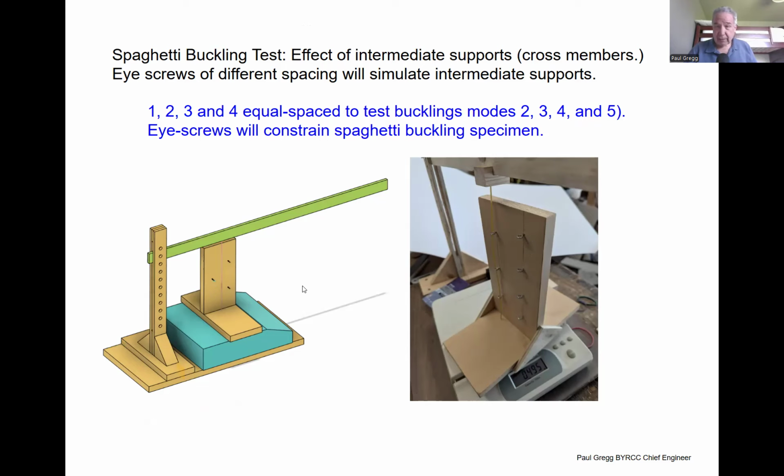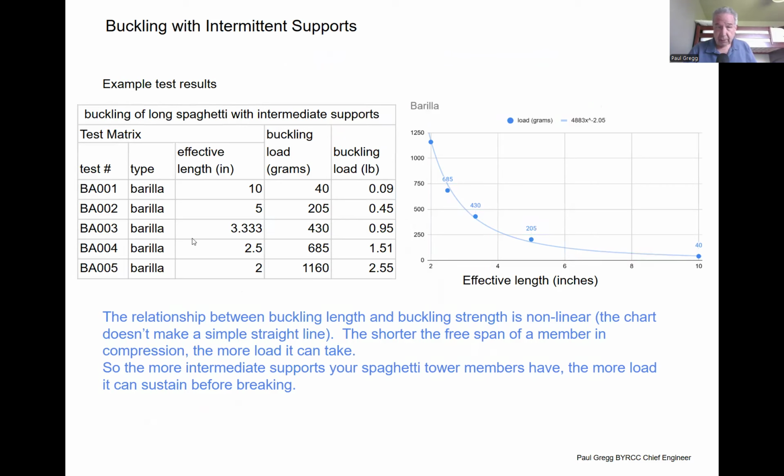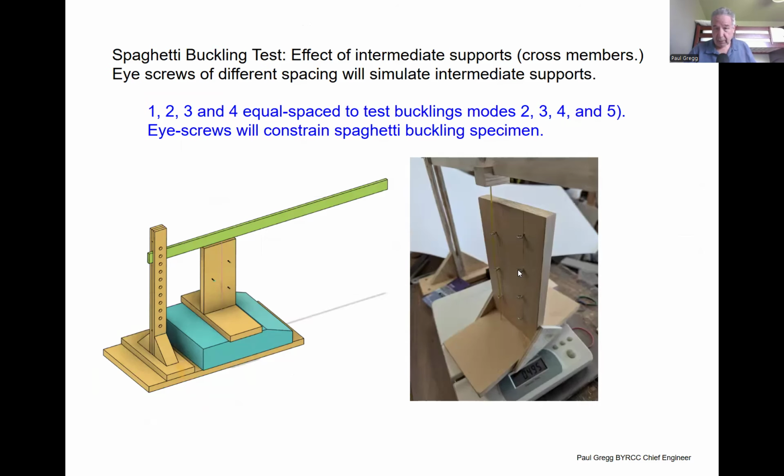And so I did the testing with the one piece of spaghetti that way, and these are the results. This is the effective length: 10, 5, 3 1/3, 2 1/2, and 2. And that's the buckling load in grams and then in pounds. And so you can see this is just for one piece of spaghetti. I've gone from a tenth of a pound up to 2.5 pounds just by holding it in these eye hooks.